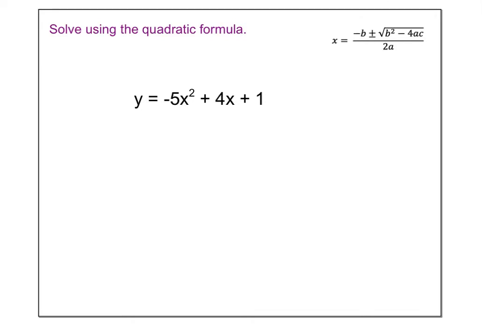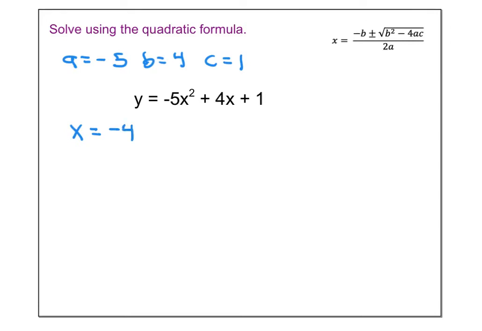In this case, our a value, like we said, is negative 5. The b value is 4, and the c value is 1. Now all you really have to do is plug it into the equation and simplify. x equals negative b, I think of that as the opposite of b.